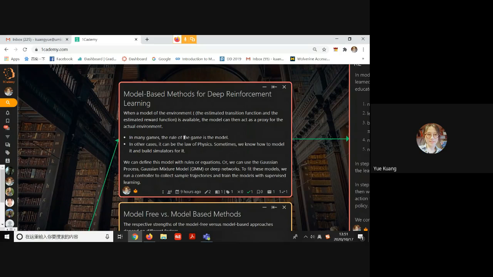Here are two simple examples of the model. In many games, the rules of the game are the model. In other cases, it can be the laws of physics. Sometimes we know how to model it and build simulators for it. We can define this model with rules or equations, or we can use a Gaussian process, a Gaussian mixture model, or deep networks. To fit these models, we run a controller to collect sample trajectories and train the models with supervised learning.